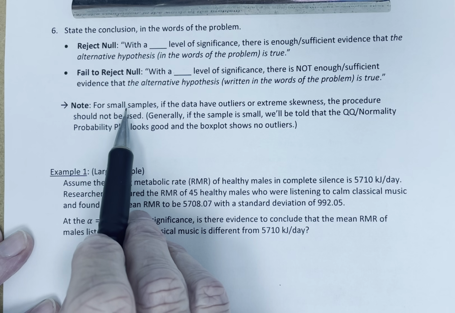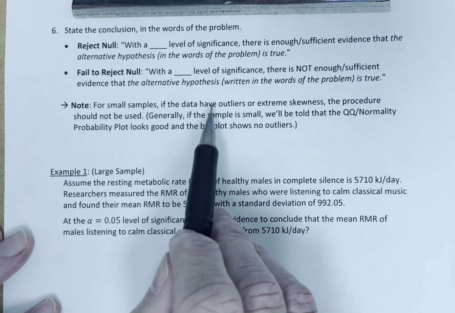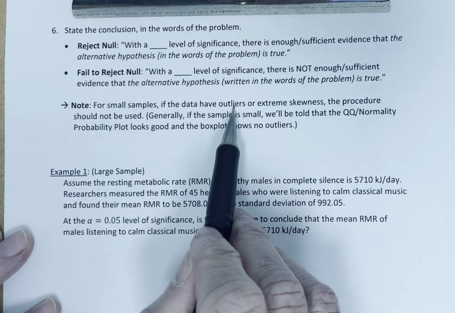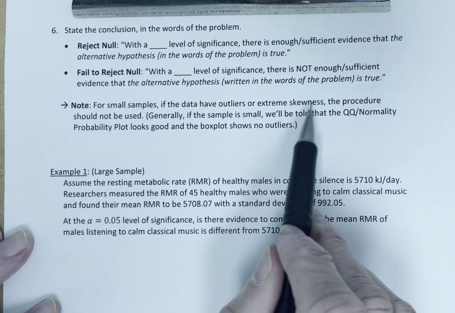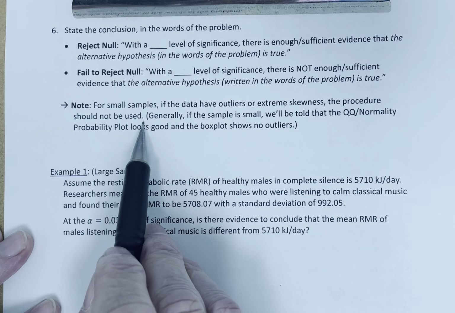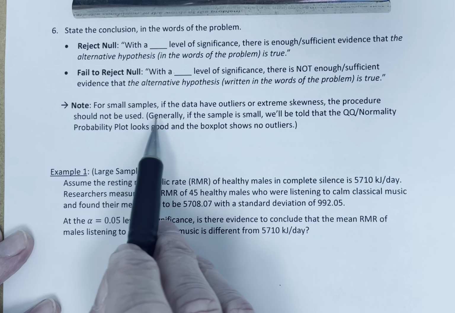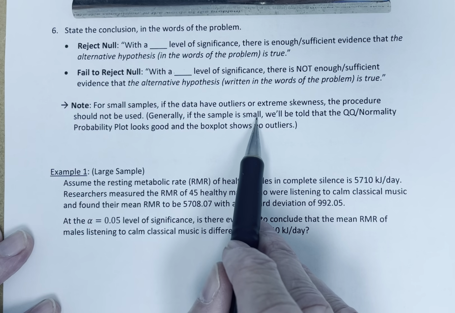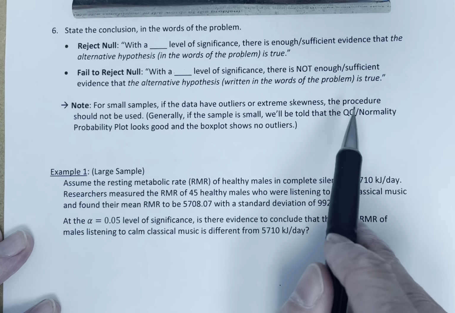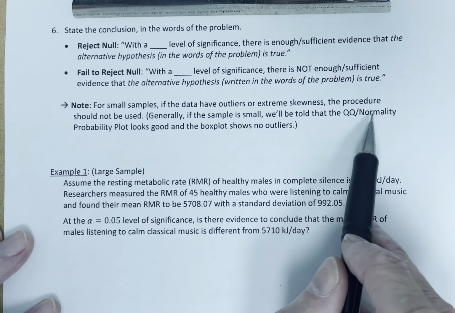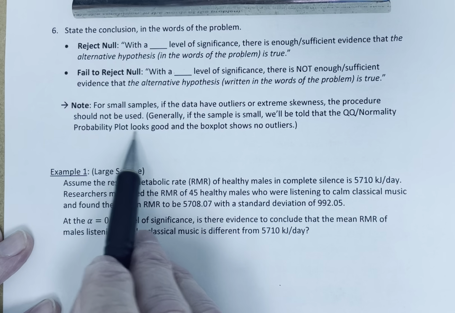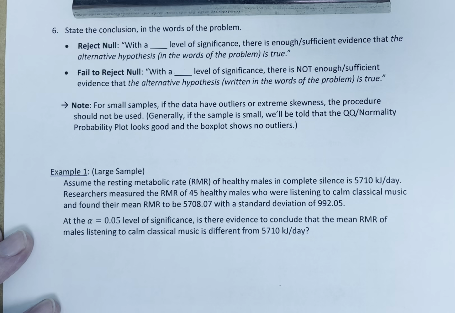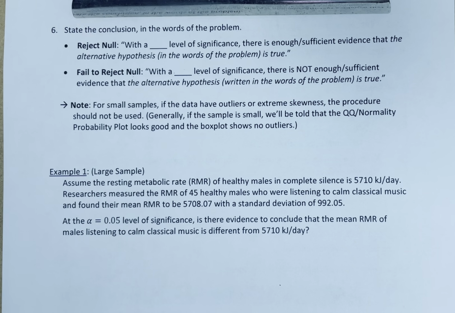Note, for small samples, if the data have outliers or there's extreme skewness, the procedure should not be used. Generally, if the sample is small, we're going to be told that the QQ plot, normality probability plot, looks good and the box plot shows no outliers.